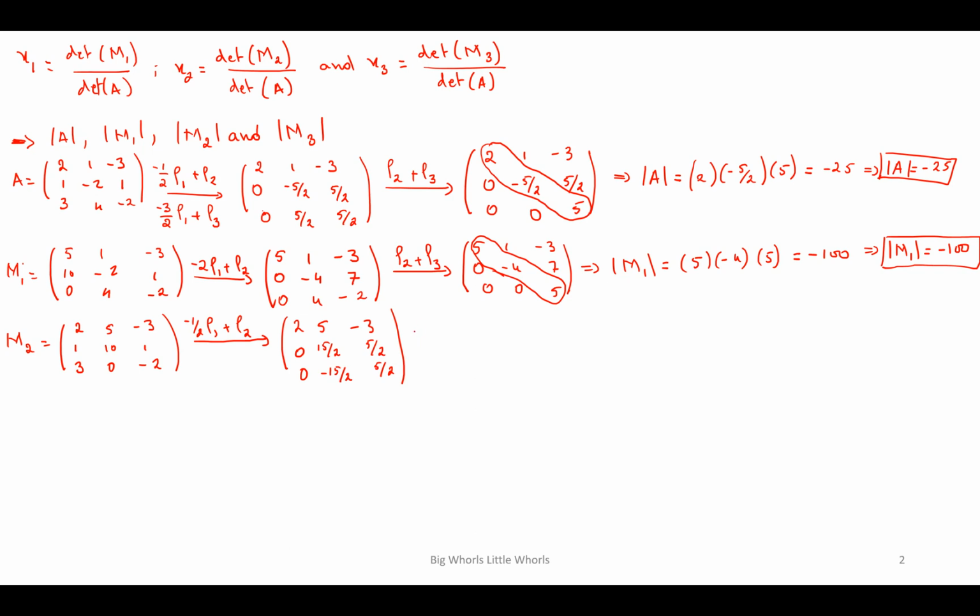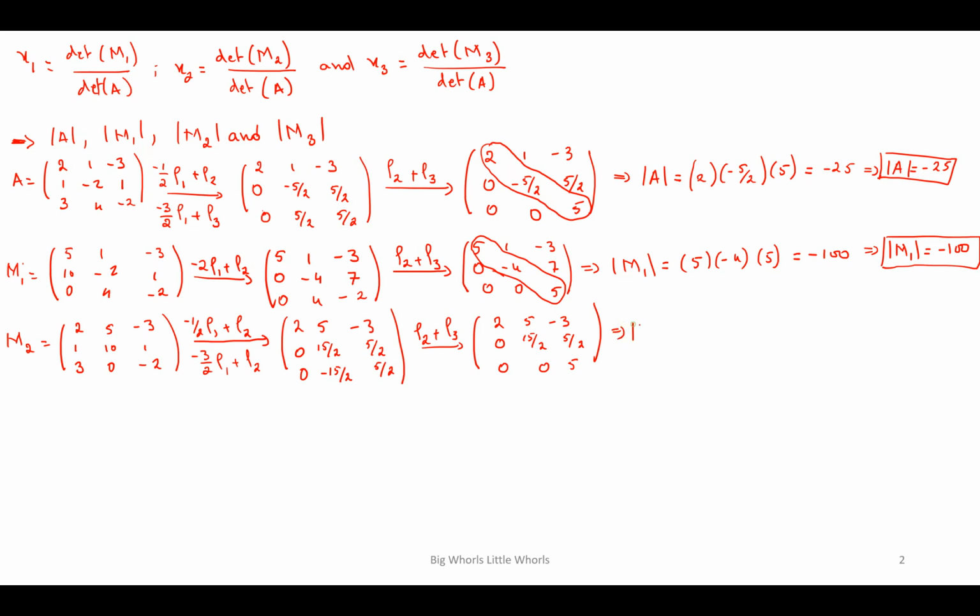And we have row 2 plus row 3. Sorry, here we got the third row by doing minus 3 over 2 row 1 plus row 3. So with row 2 plus row 3, we have 2, 5, minus 3, 0, 15 over 2, 5 over 2, and 0, 0, 5.